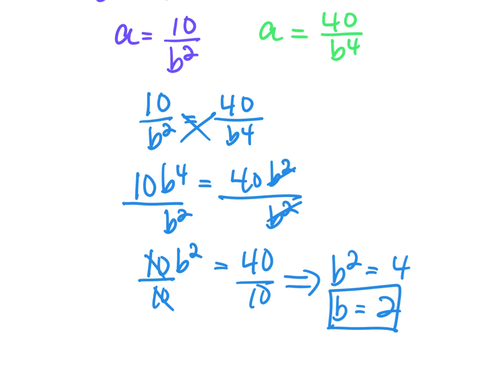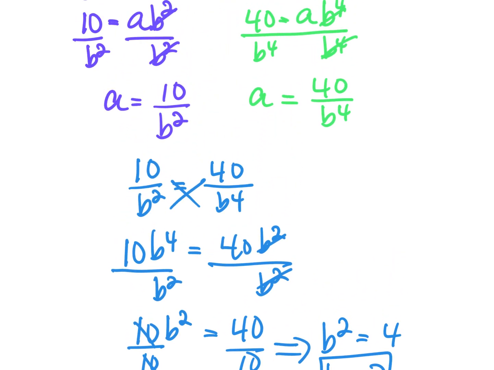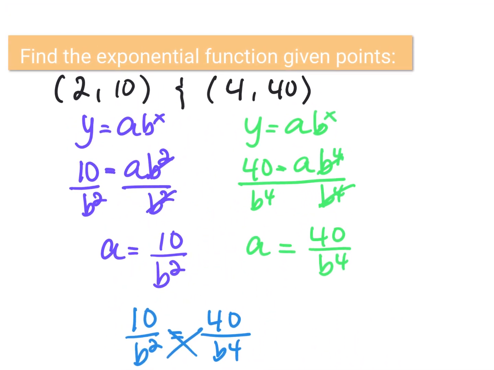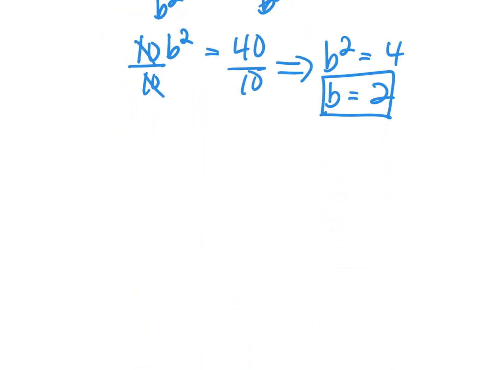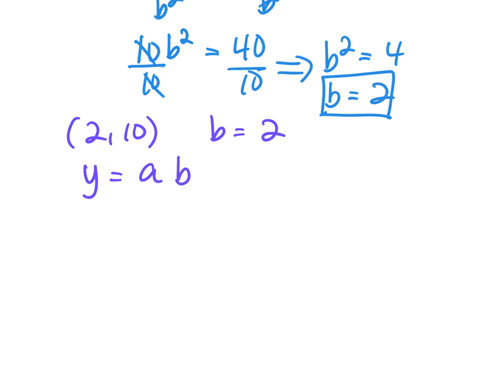I'm going to substitute this again for the next point. Okay, I'm going to get 2, 10. Substituting it to 2, 10, our b is equal to 2. Okay, so y is equal to ab raised to x. Our y here is 10 is equal to our a.